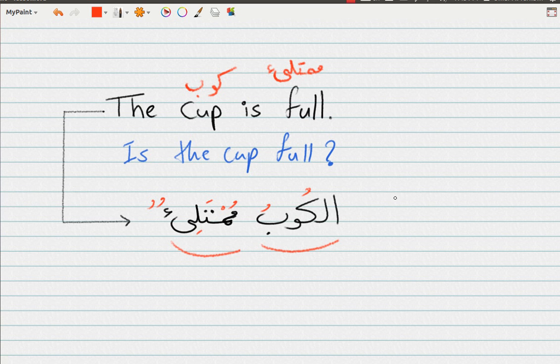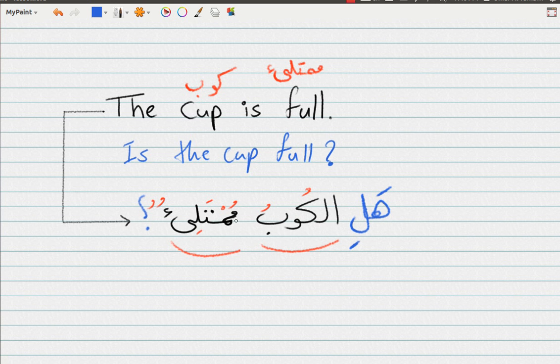Now if I want to transform the sentence into a question, to ask whether the cup is full or not, I just add the word hal in front and a question mark at the end. Hal normally ends with sukun, and if you remember from our previous lessons, when there's a sukun at the end of one word followed by a word that starts with al, the sukun drops and becomes kasra.